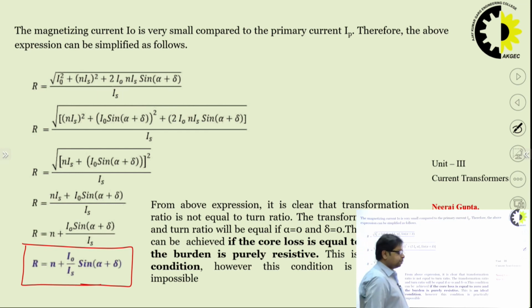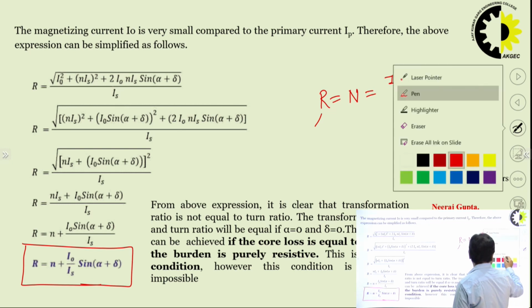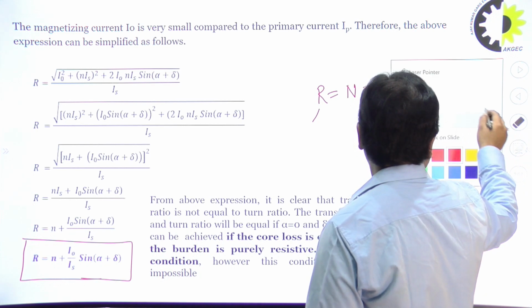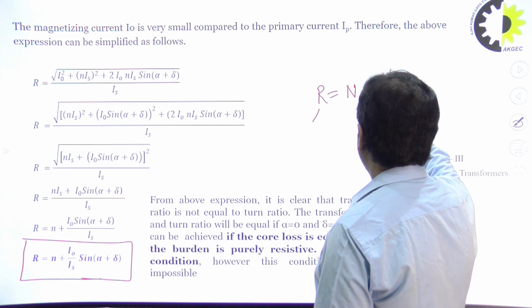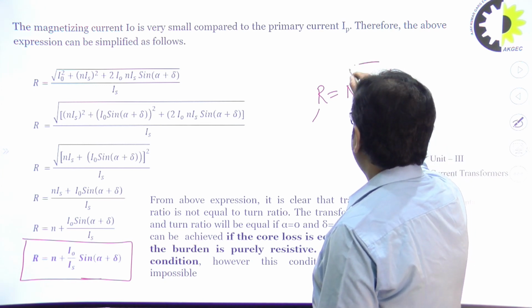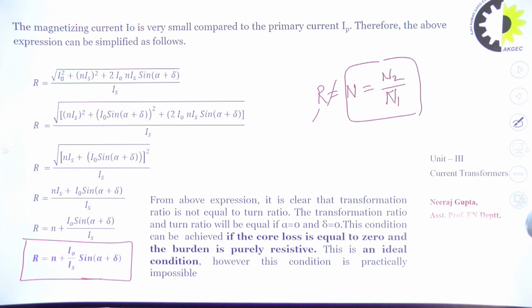From our expression we deduce that the transformation ratio R is not equal to the turn ratio N, where R is this one and N was simply N2 by N1.